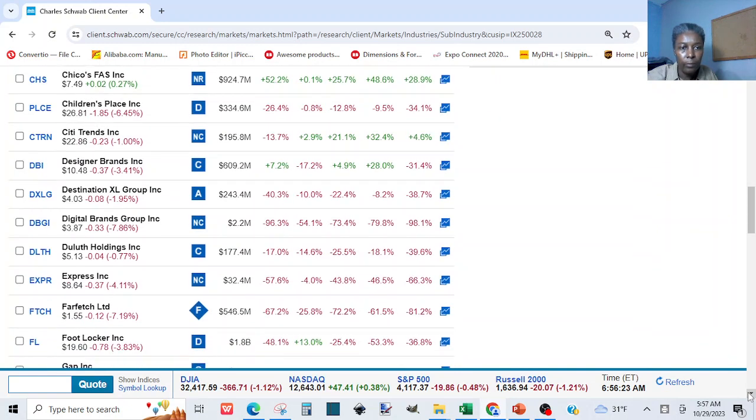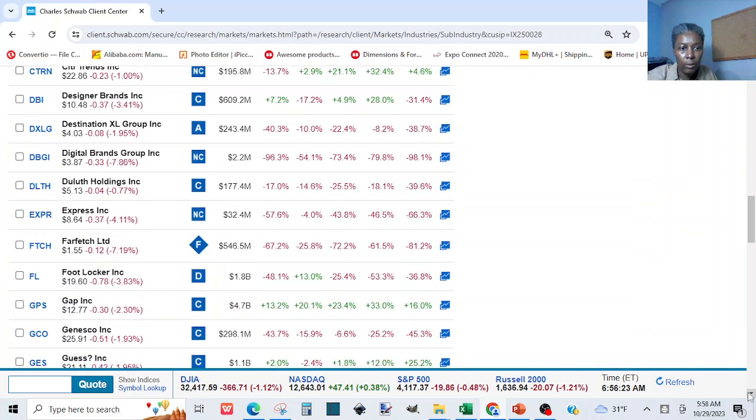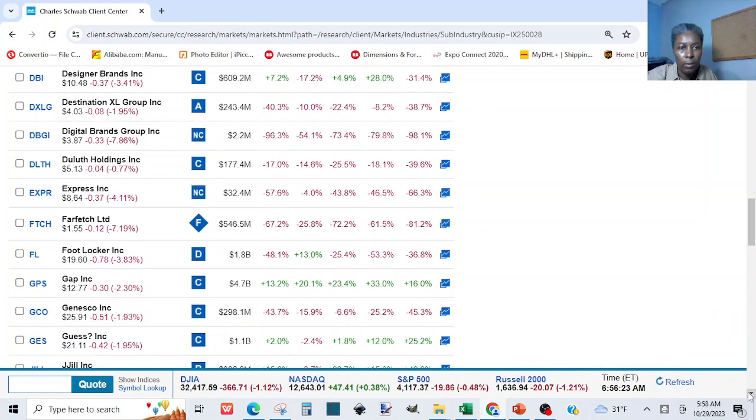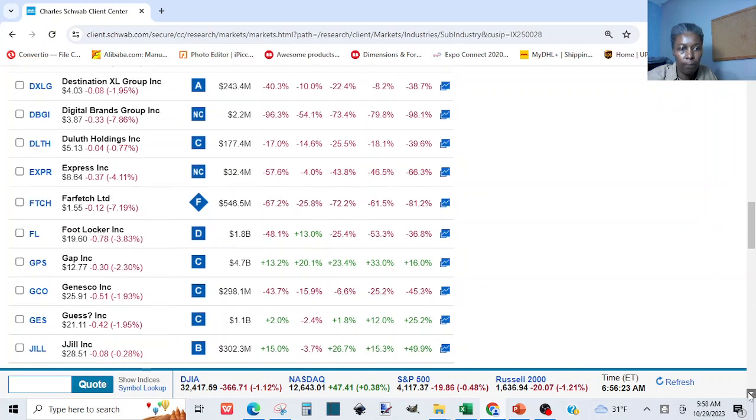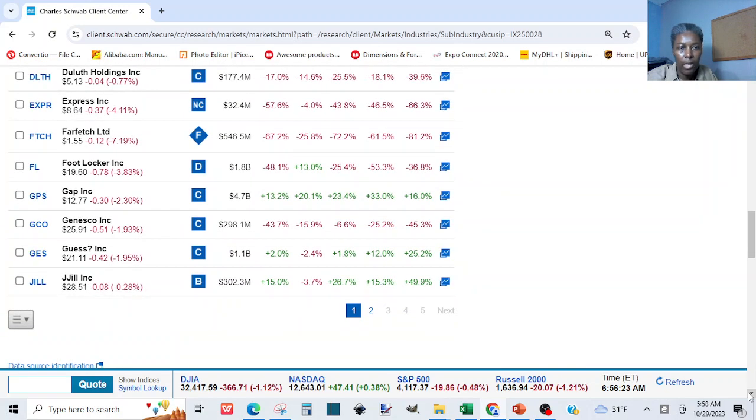And we can scroll down a bit more for you to see what is out there. It has 2 pages, so I can click on the second page for you to see that page as well.